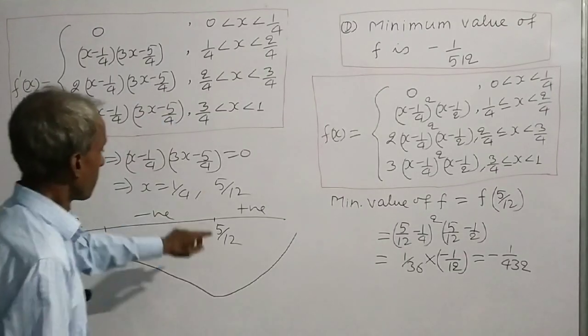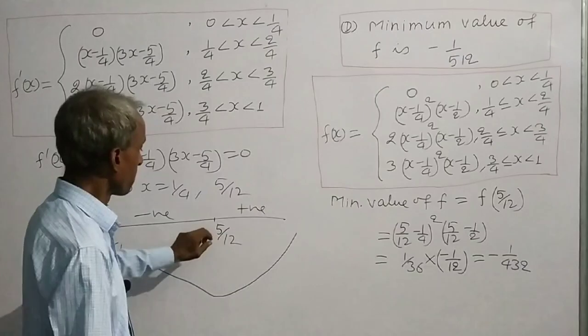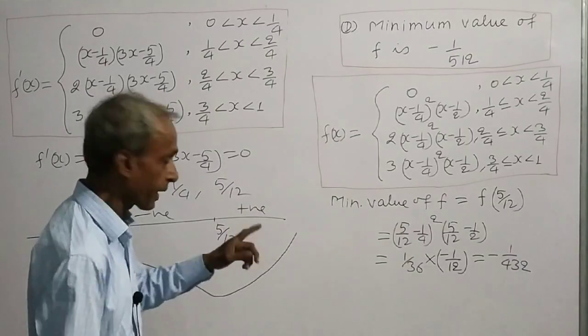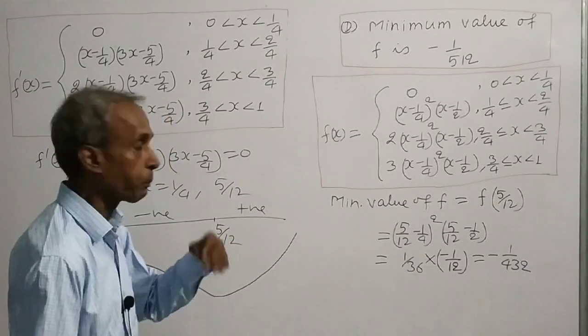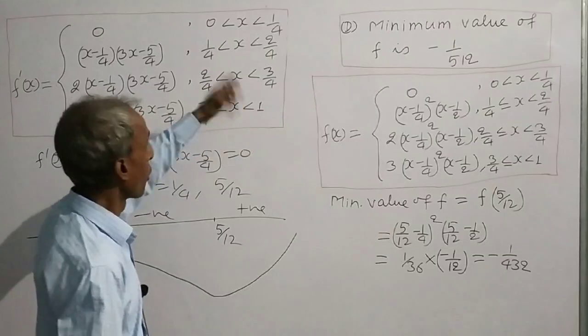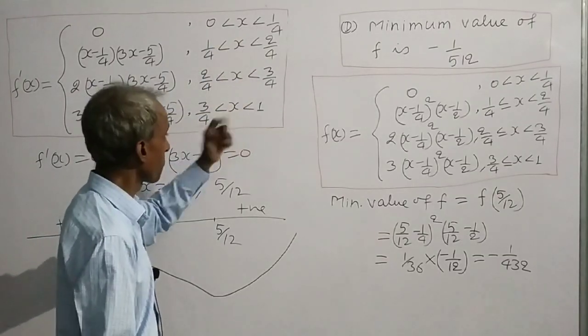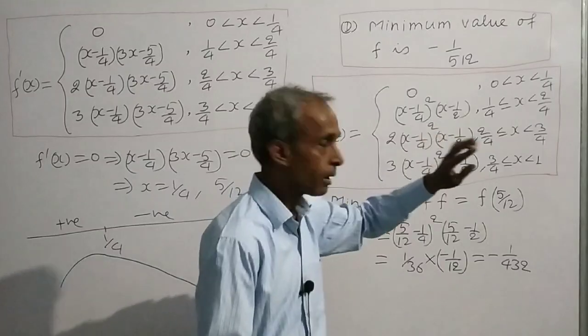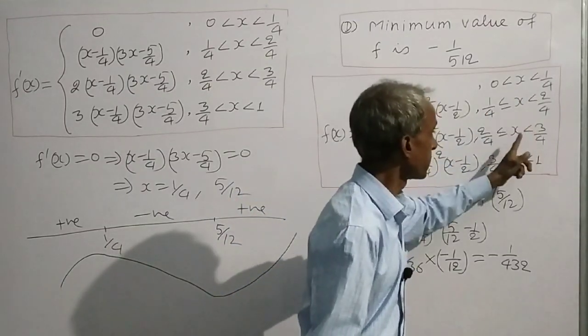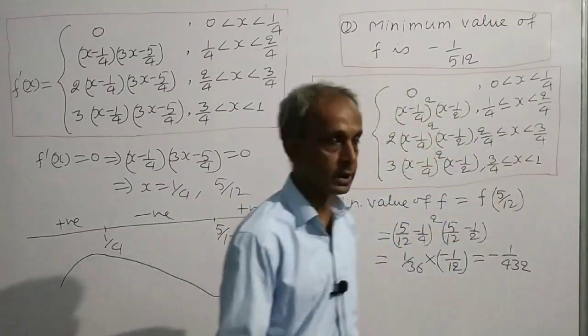Now, the minimum value will occur at 5/12, but which interval does 5/12 lie in?